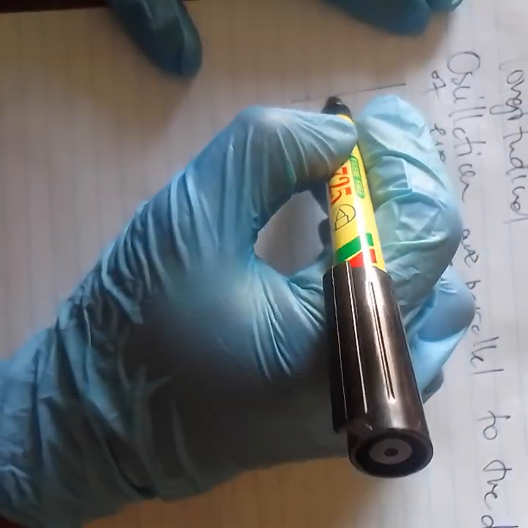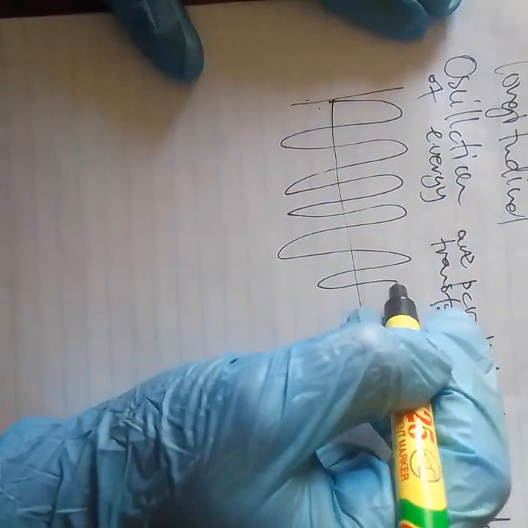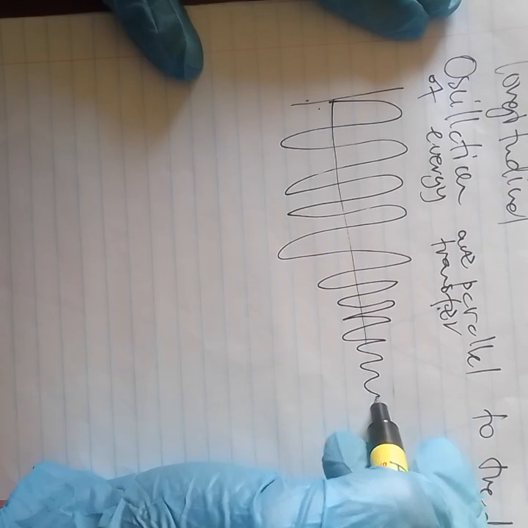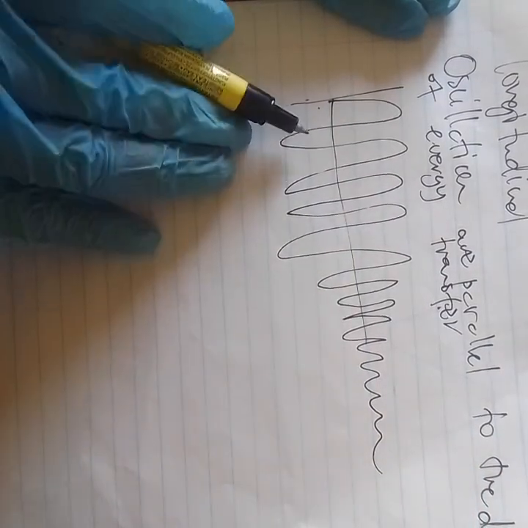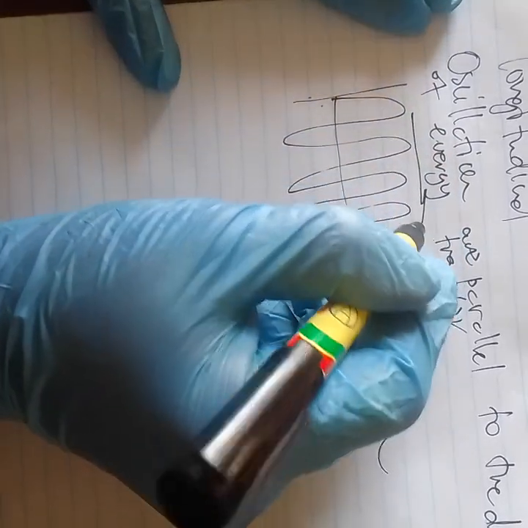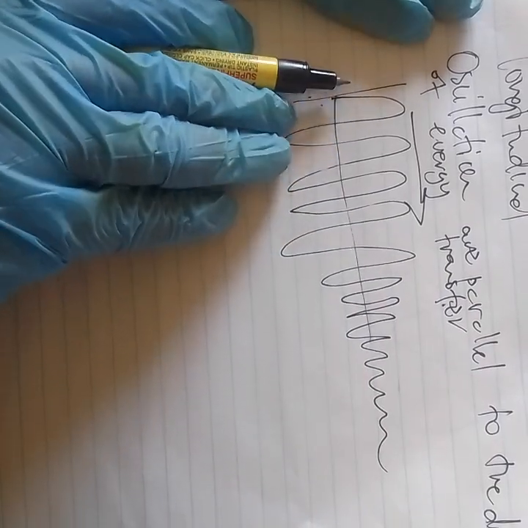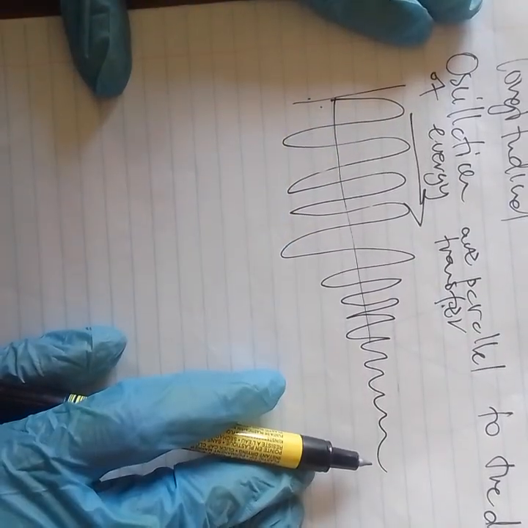This is an example of a longitudinal wave. This means that if oscillations are going from left to right, the direction of the wave is also going from left to right.